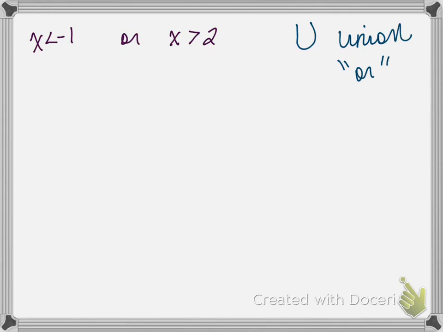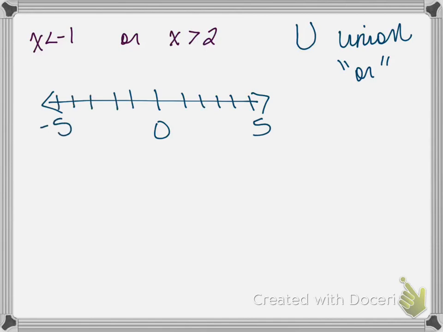So I'm still going to graph both of these on the same number line. Okay, so I've got my 0, positive 5 and negative 5. So I've got x is less than negative 1.